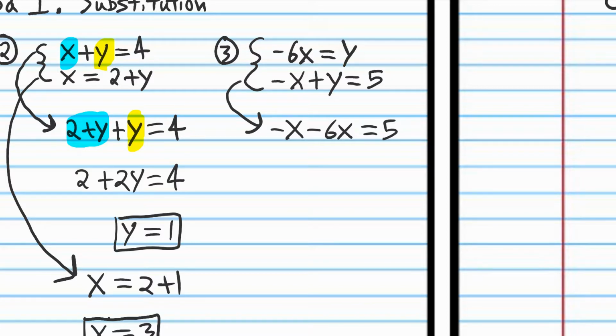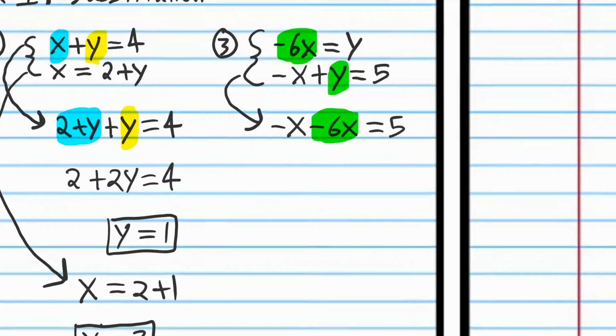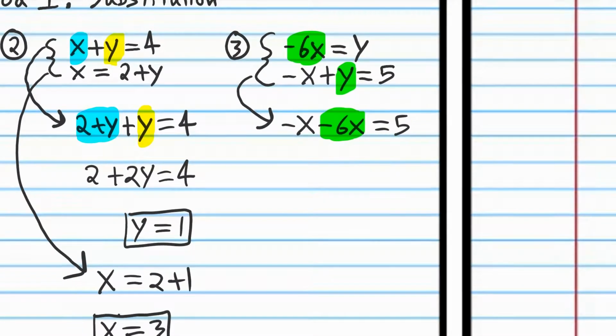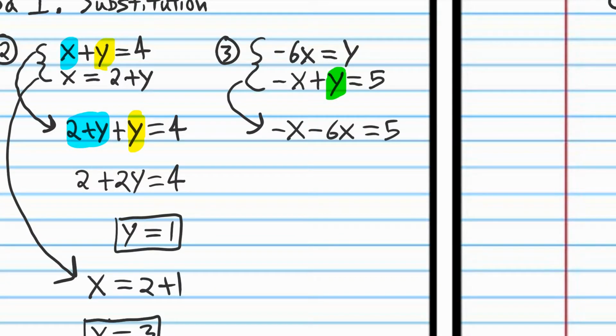All right, so I took this y here, and I replaced it with -6x. Hopefully that color coding is working for you. I should probably use the same color coding that I was using before, though.